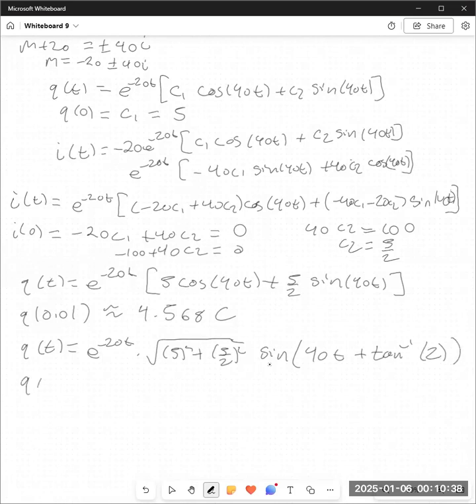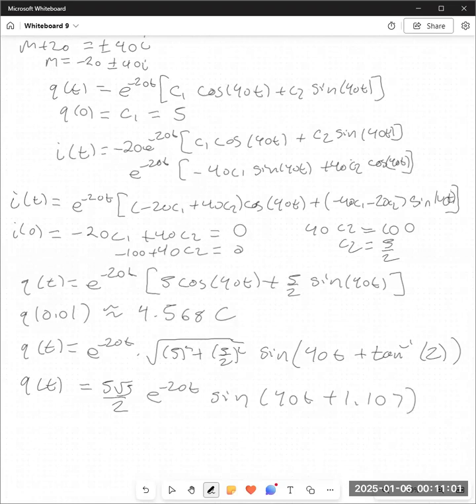And so Q of t is equal to 5 root 5 over 2 e to the negative 20t sine of 40t plus, and this is about 1.107.